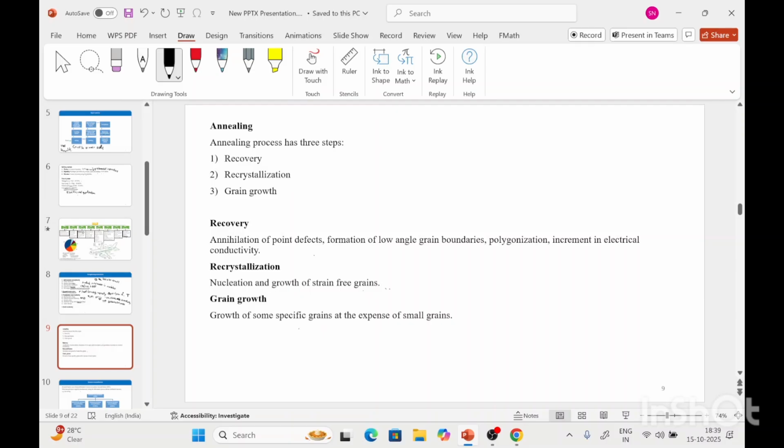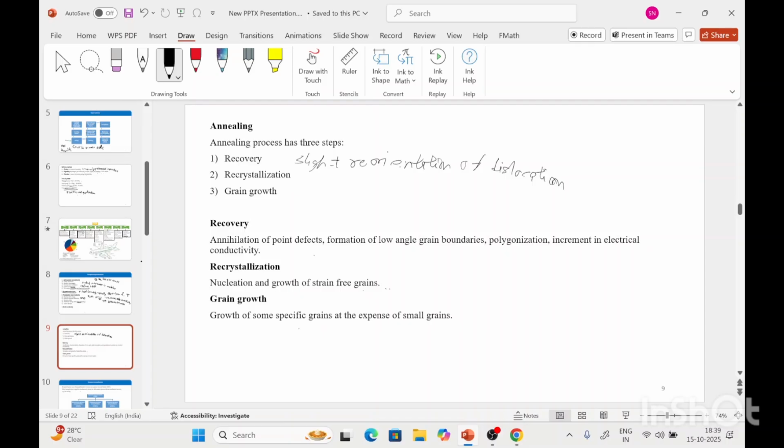In recovery, only slight reorientation of dislocations happens, and that reorientation of dislocations restores the ductility of that material to some extent.